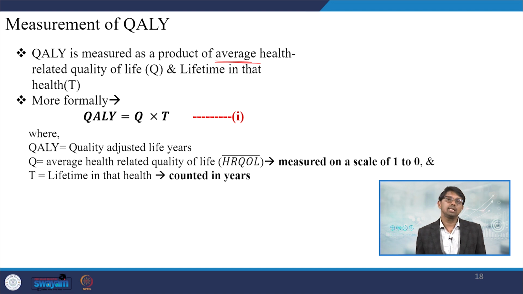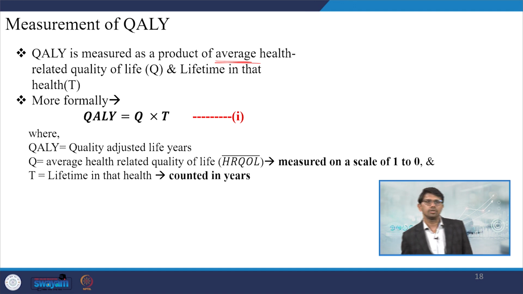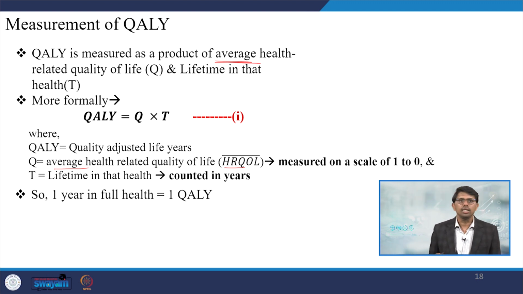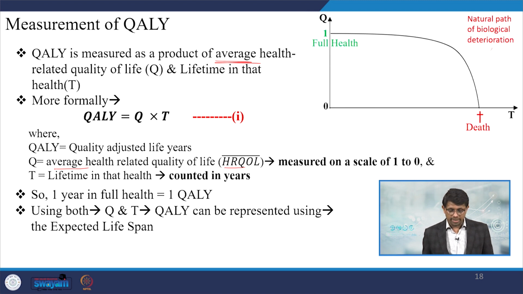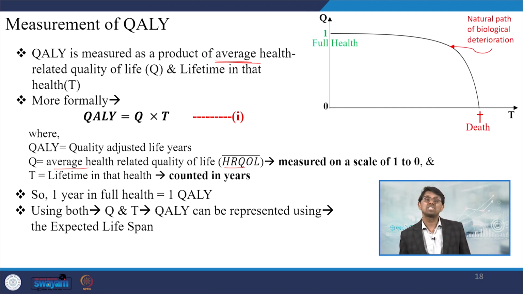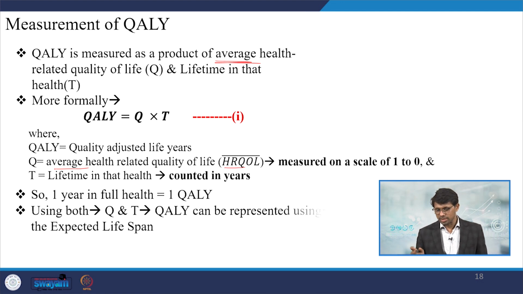Hence, QALY is a product of Q and T. The Q we derive from the average HRQOL is measured on a scale of 1 to 0, and T is the lifetime in that health, counted in years. So, 1 year in full health means 1 QALY, and using both Q and T, QALY can be presented using the expected lifespan. This is what is presented in this diagram.